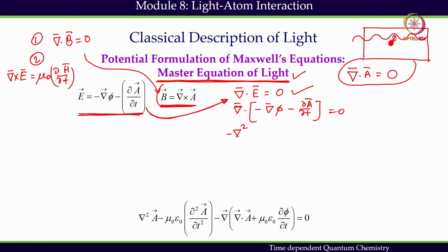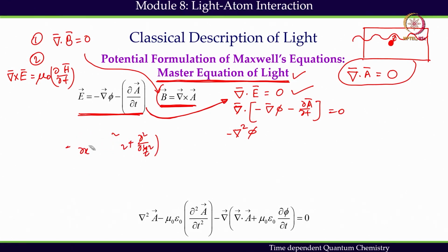So del dot del is a del square operator, which is nothing but the second partial derivative. That's the form we get.